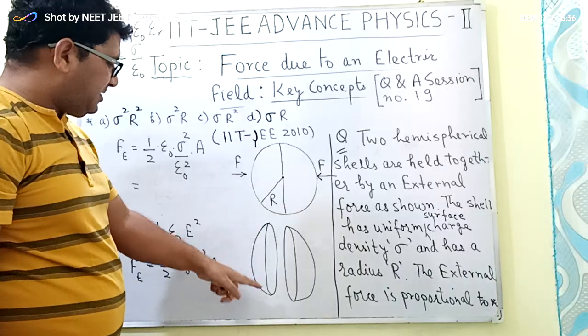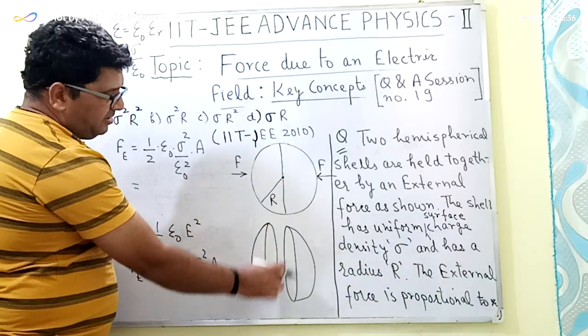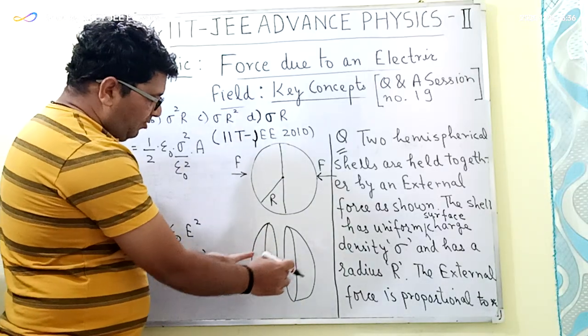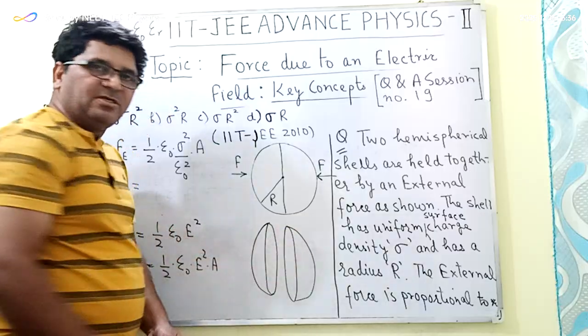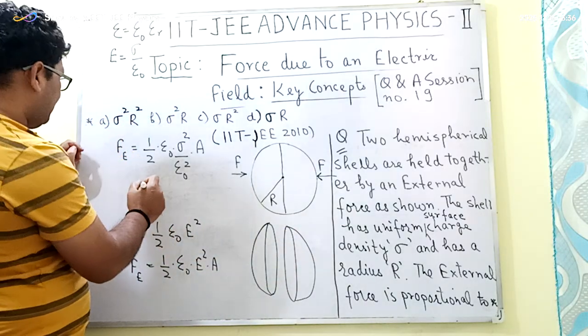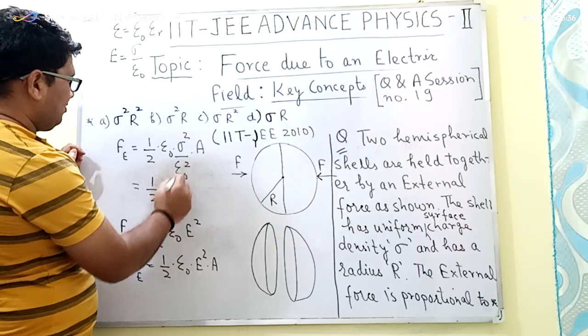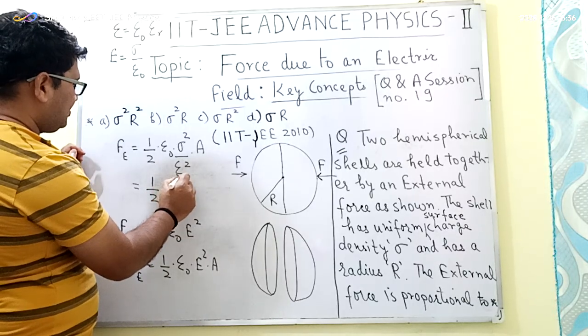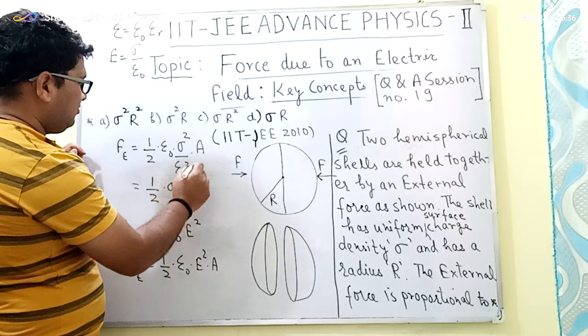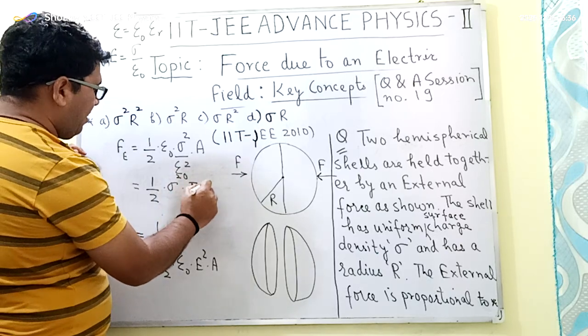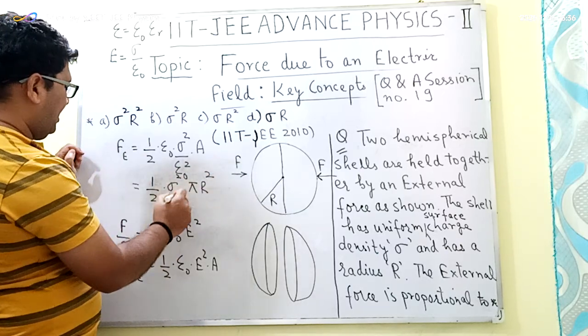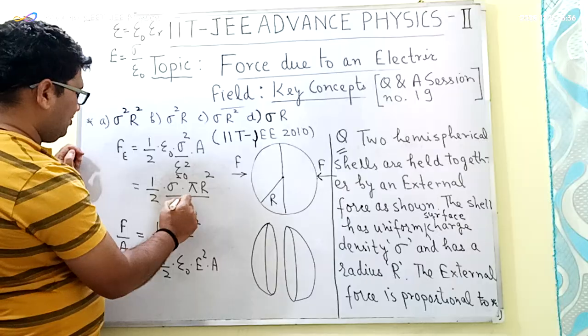This is the projected area, or you can say the area of these two hemispherical shells which are in contact with each other. So A will be equal to pi r square, and this will get cancelled, epsilon naught.